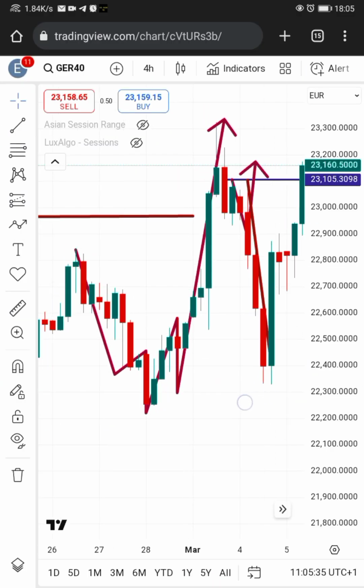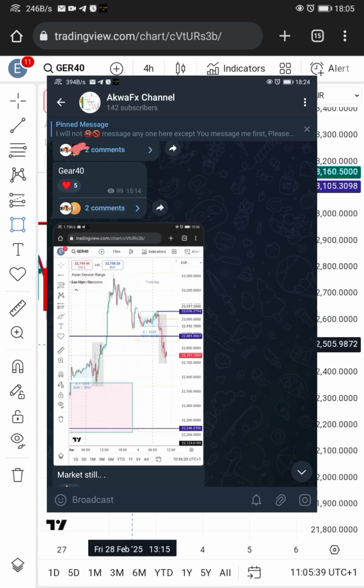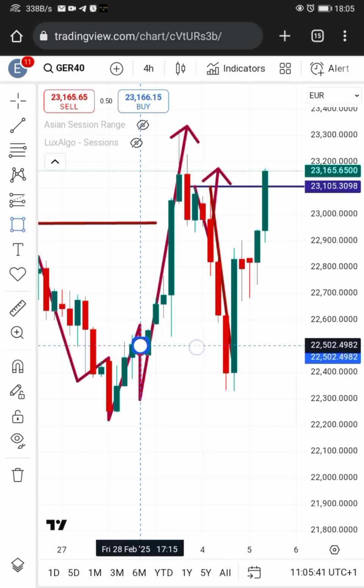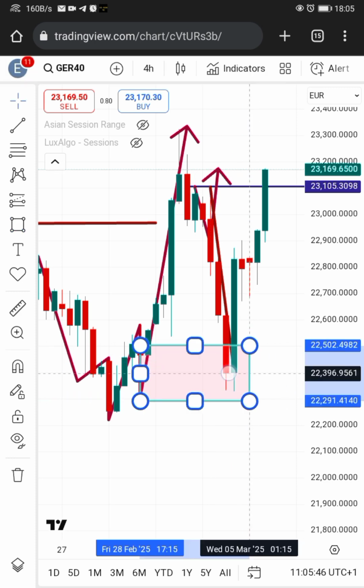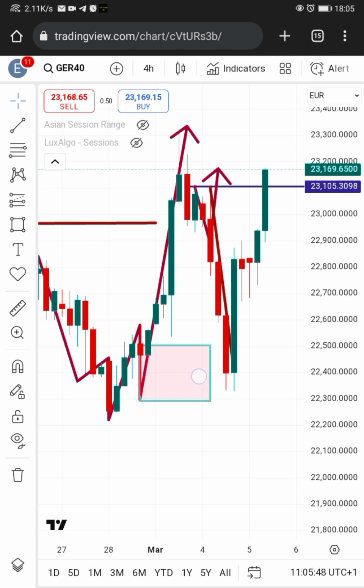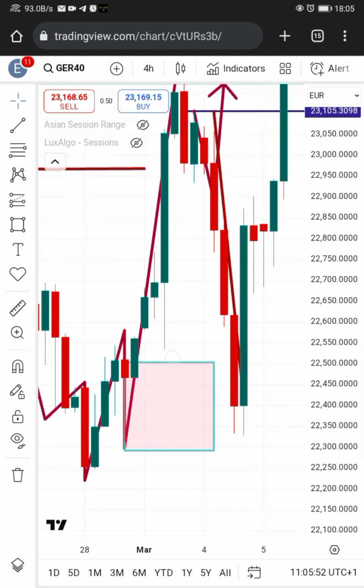I marked this zone out using my H4, which I posted on my channel yesterday.